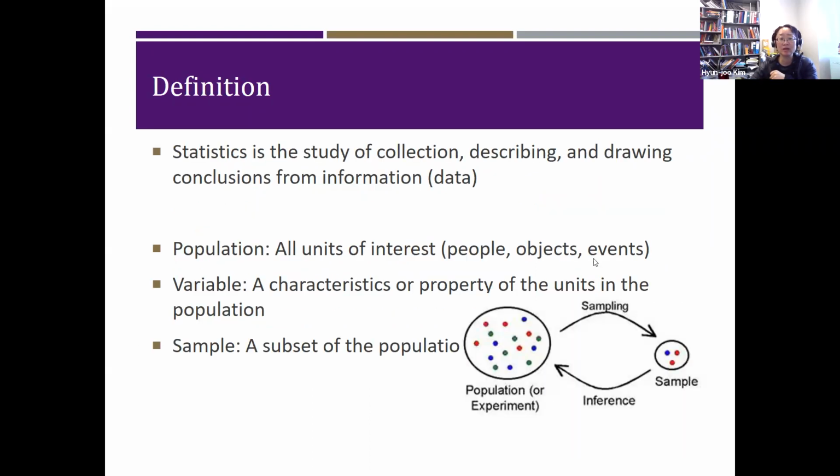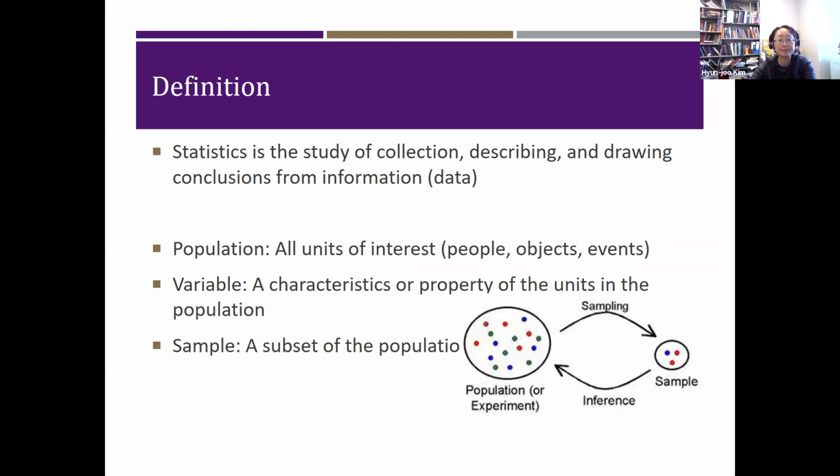What we just described is what statistics is all about. One very common definition of statistics is the study of collecting, describing, and drawing conclusions from information. So statistics can help you make those types of decisions.